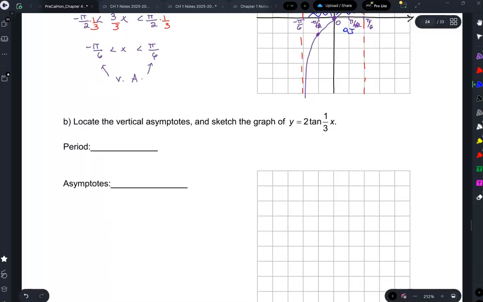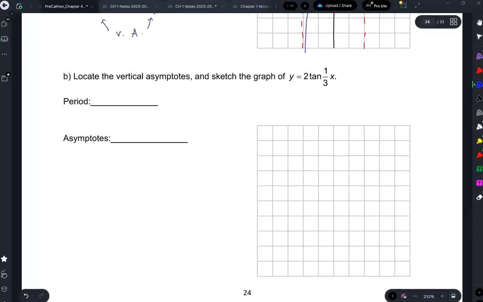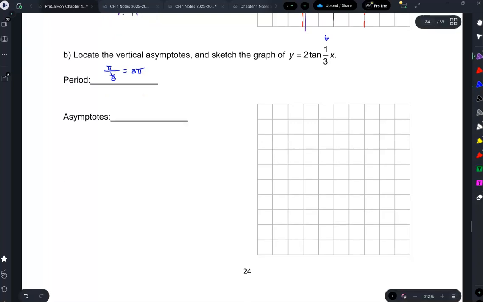Let's do another one. Okay. What's the period here? Pi over, what's B? 1/3. So 3 pi. Okay. For the asymptotes, we go negative pi over 2, 1/3 x, pi over 2.